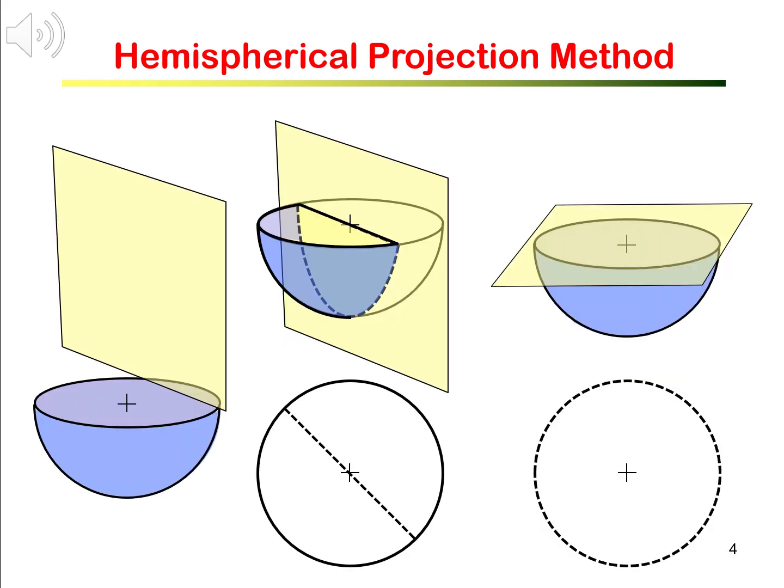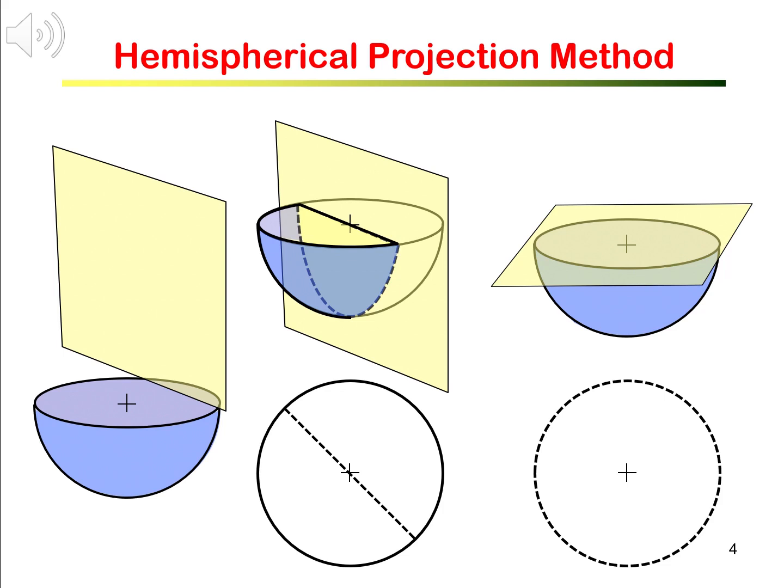Now, let us look at planes intersecting the lower hemisphere and how they look when projected. Start from the left. Projection of a vertical plane.